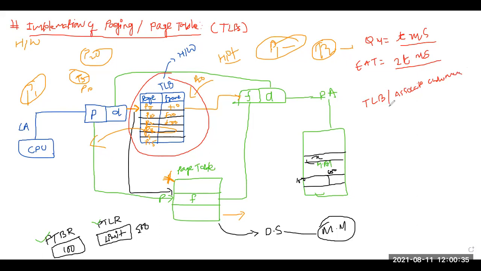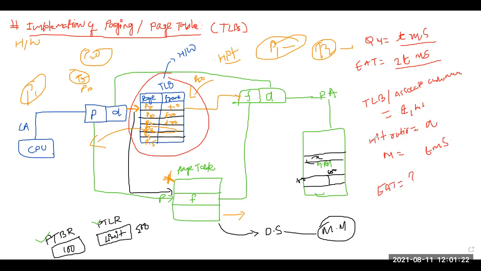If the access time of the TLB or associative cache memory is T1 microseconds, and assume the hit ratio, meaning the number of times I find the pages in my TLB, is A, and the memory access time is T microseconds, then what will be the effective access time?